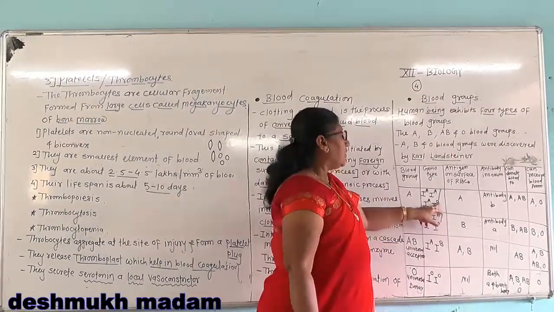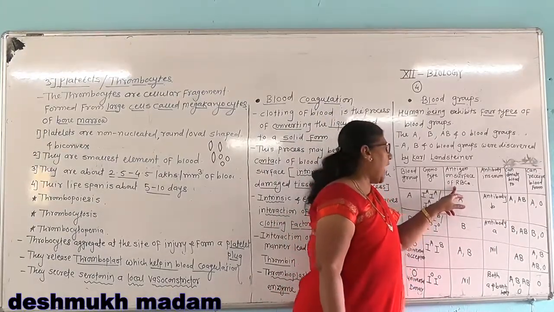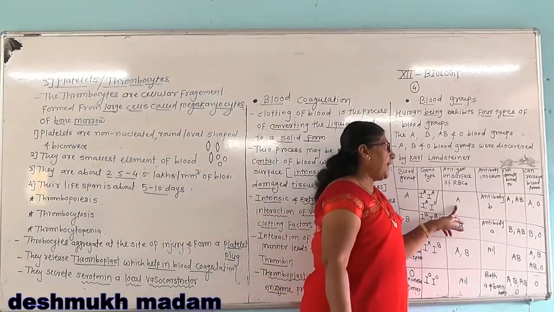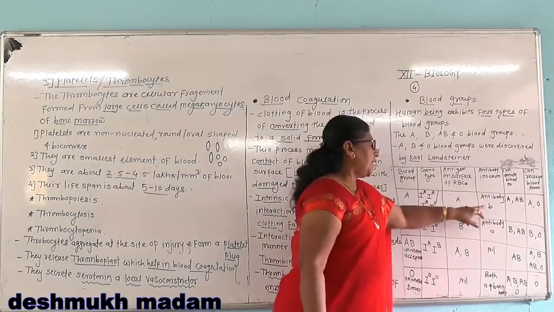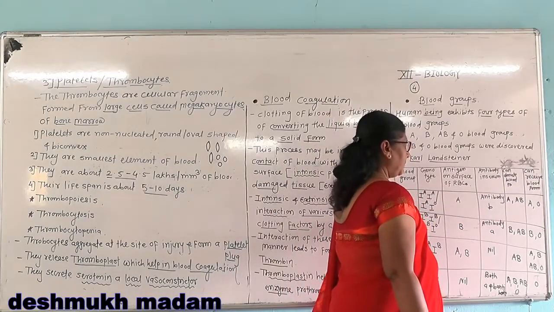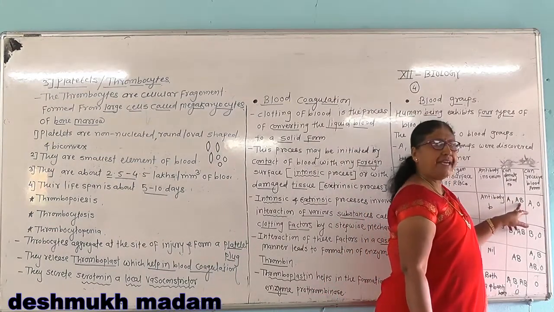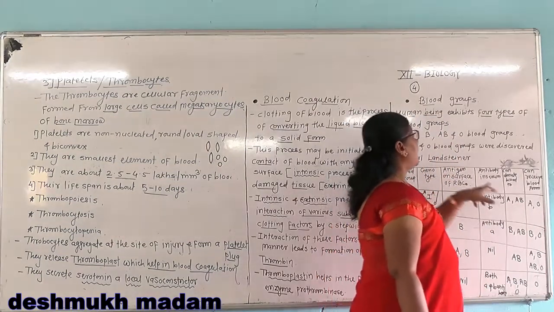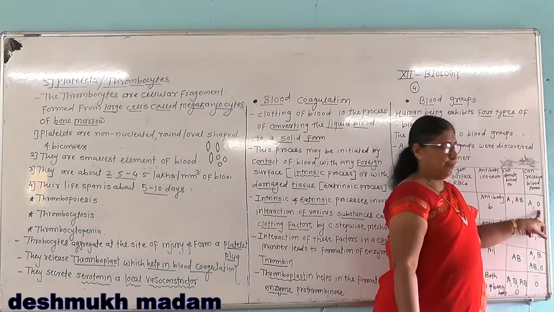The antigen present on the surface of RBC in blood group A is antigen A, and the antibody present in the serum is antibody B. Blood group A can donate to blood groups A and AB, and can receive blood from A and O blood groups.